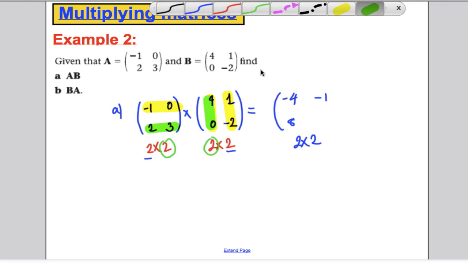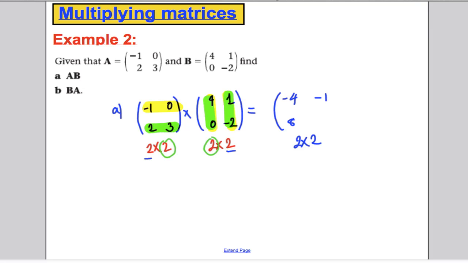And lastly, I'm going to do that times that, and I'm going to get 2 times 1 is 2, 3 times negative 2 is negative 6, 2 and negative 6 is negative 4. And my answer, therefore, is 4, negative 1, 8 and negative 4.